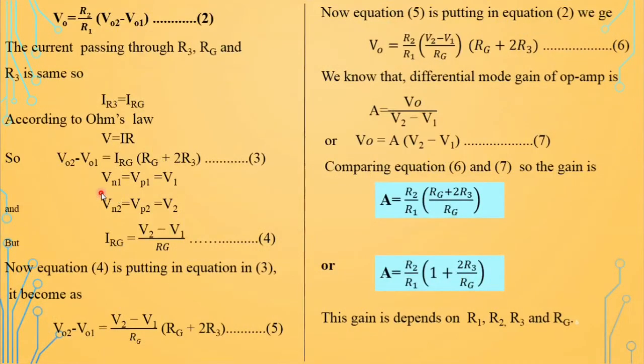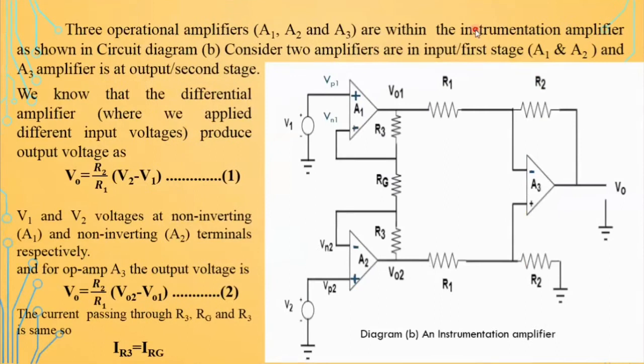So here we have already discussed Vn1. This Vn1 is equal to Vp1, that is V1, and similarly Vp2 is equal to Vn2, that is V2.